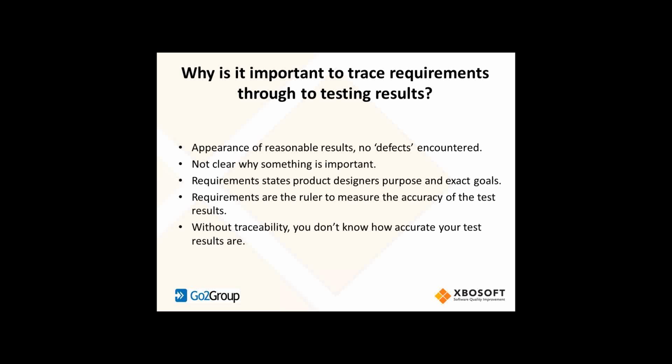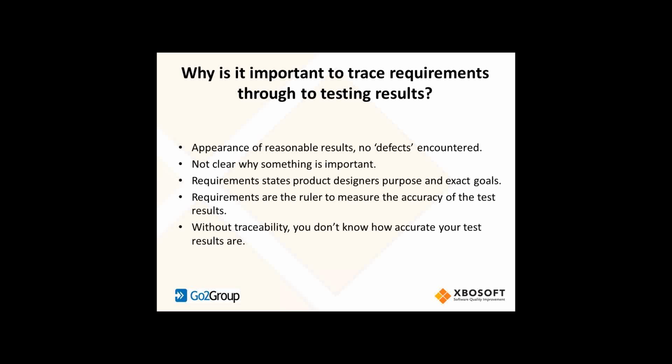But just because the system didn't bomb or something drastic didn't happen does not mean you got a good result, because you have to compare it against something. Without tracing things back to requirements, how do you know your test results are accurate? I mean, the requirements are the ruler that you use to test the accuracy of your test results.